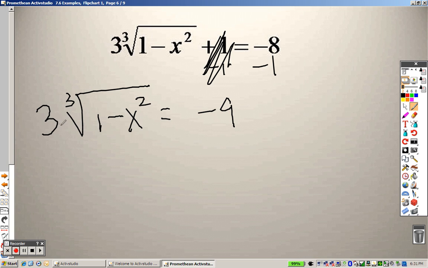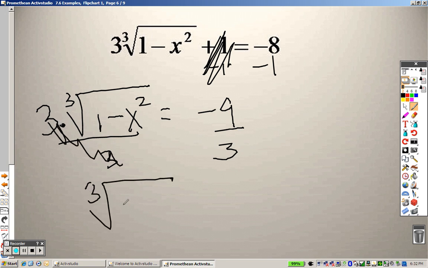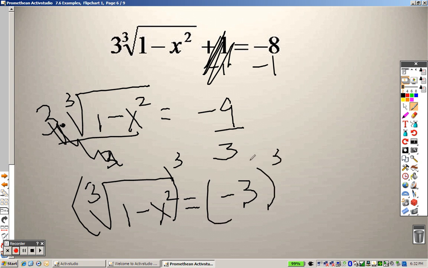It's 3 times this, so if I divide both sides by 3, I get the third root of 1 minus x squared equals negative 3. The third root means I need to take this to the third power, so I get 1 minus x squared equals negative 3 to the third, which is negative 27.